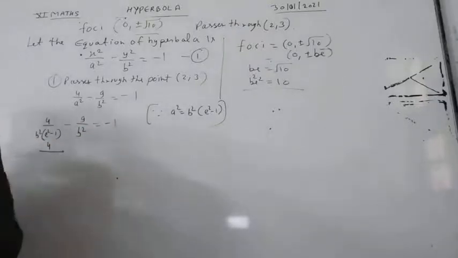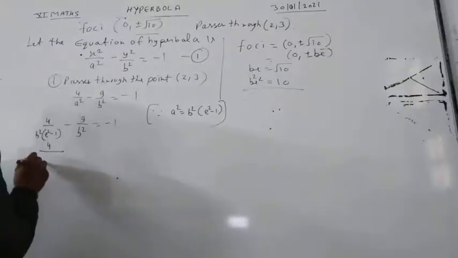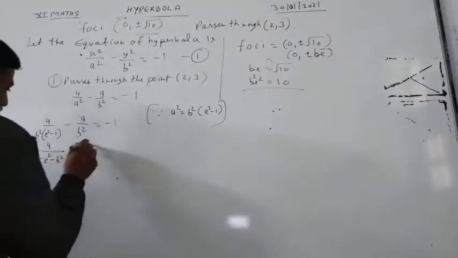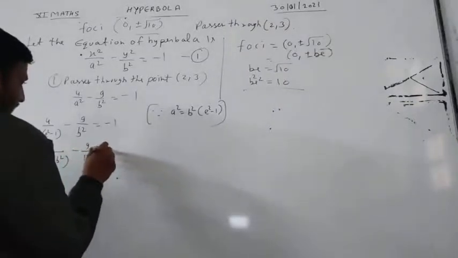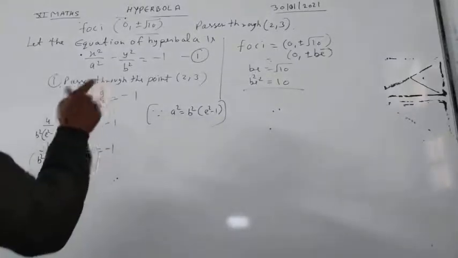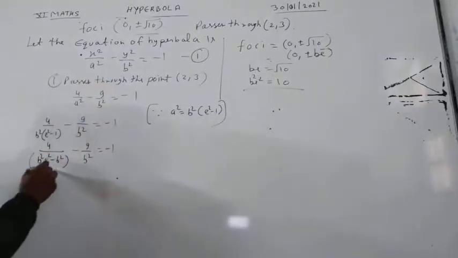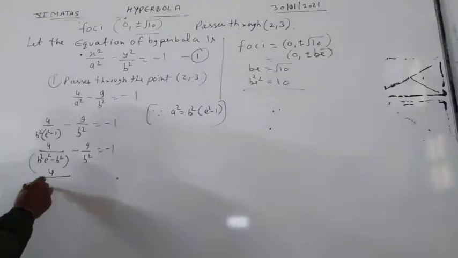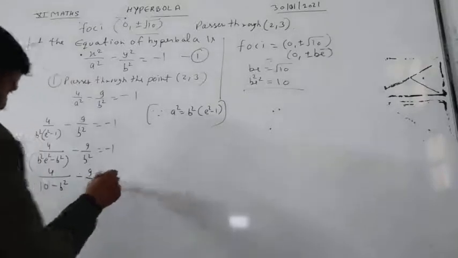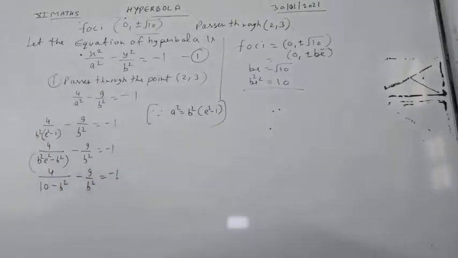And students, 4 by b square e square minus b square, minus 9 by b square is equal to minus 1, students. And we are seeing that b square e square is 10. So we write here 10 minus b square, minus 9 by b square is equal to minus 1.